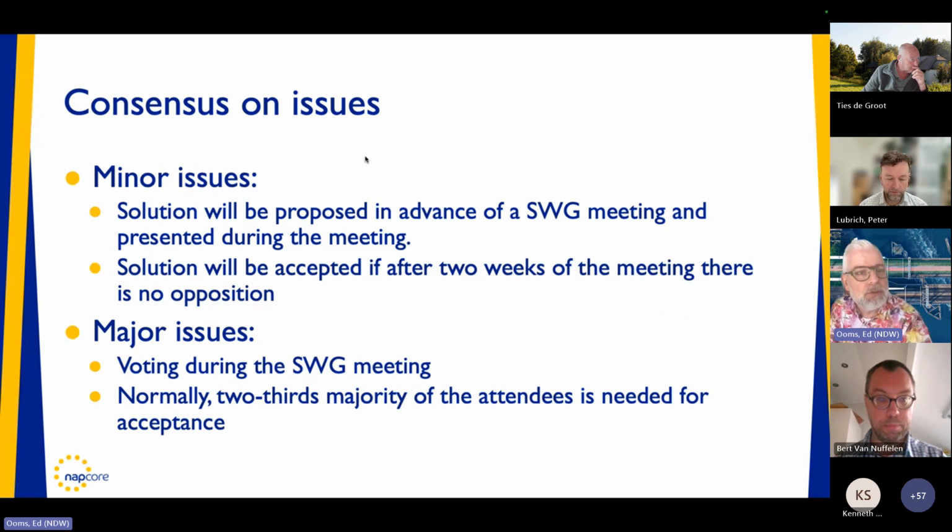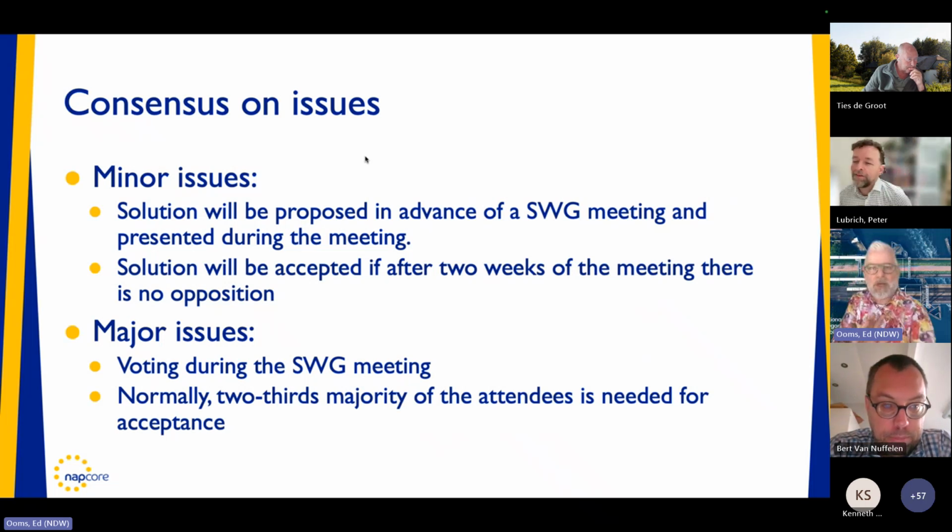For major issues, there will be a vote during the sub-working group meeting, and normally we use a 2/3 majority of the attendees to accept the solution for the issue. This is the same way the DCAT-AP community works, so we try to follow the DCAT-AP community in this.